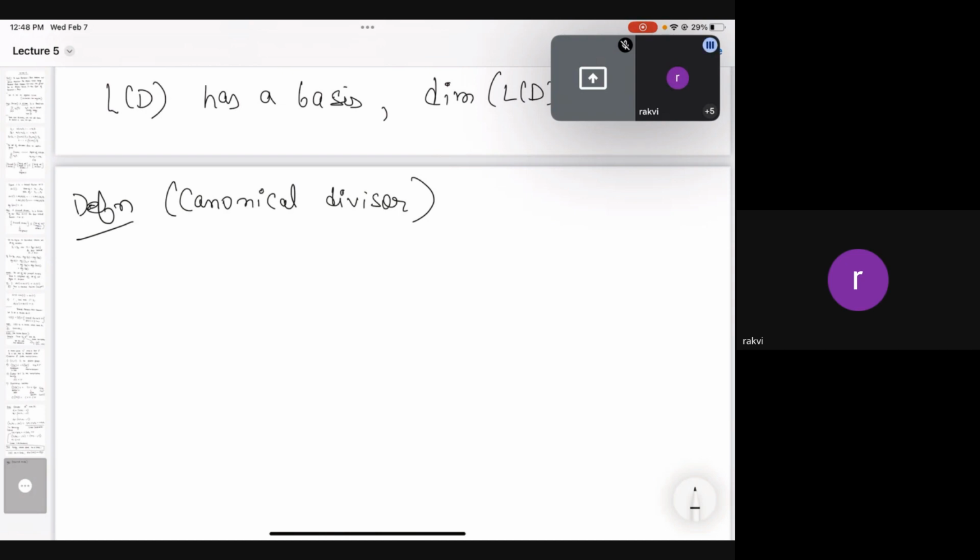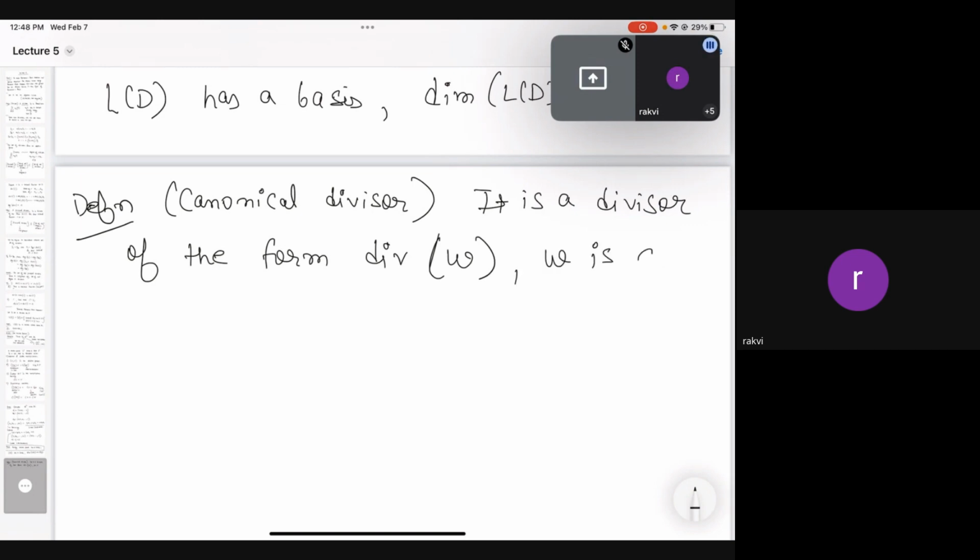So a canonical divisor is a divisor that looks like, I'm thinking of a good name because I already used lambda, let me say omega, it is of the form divisor of omega, where omega is a non-zero differential on X.